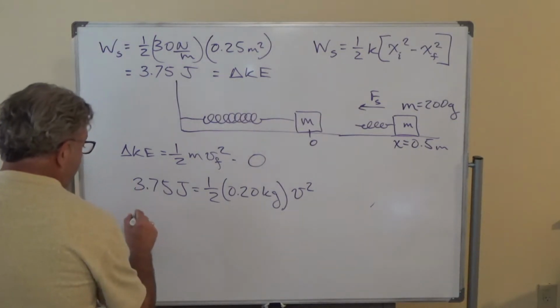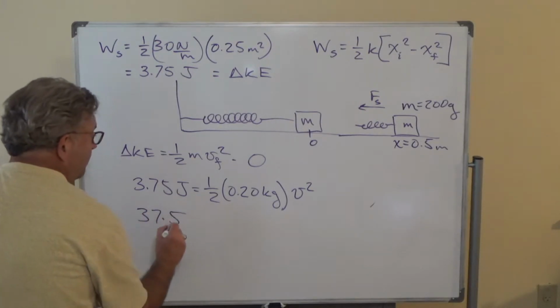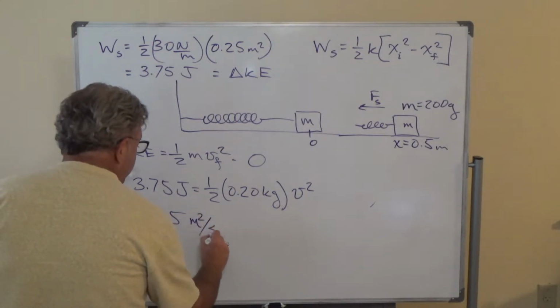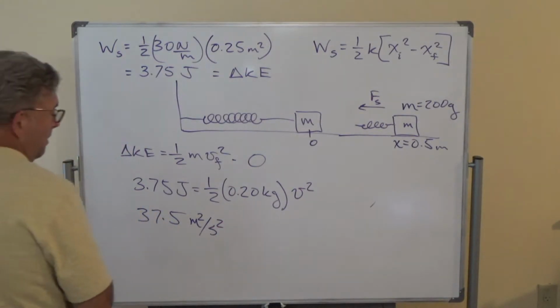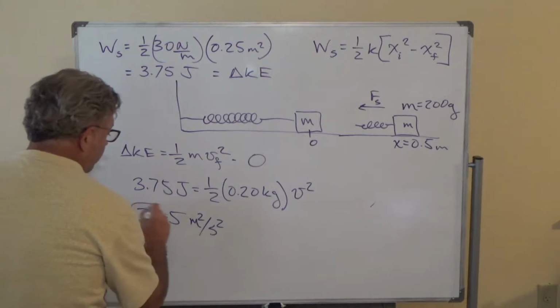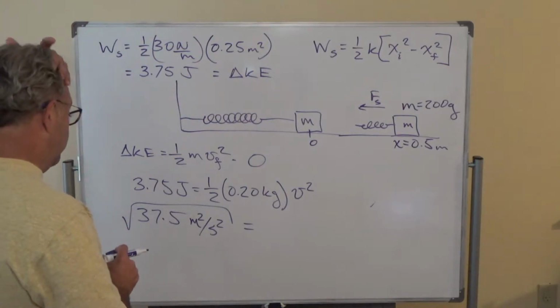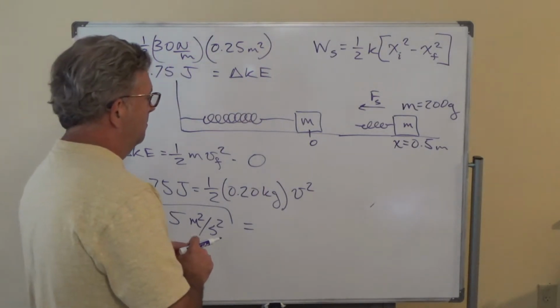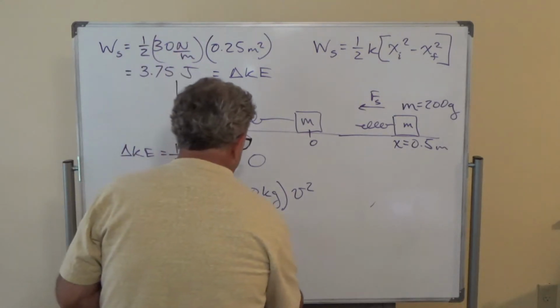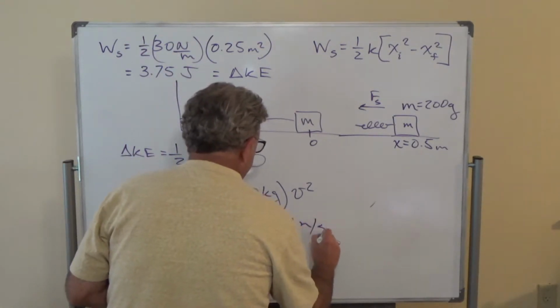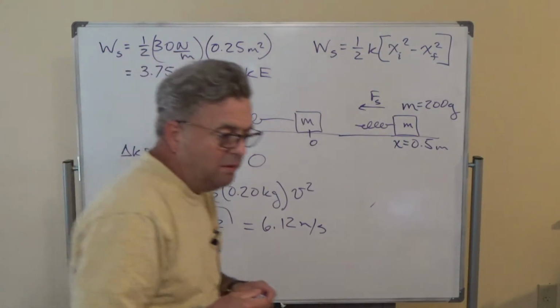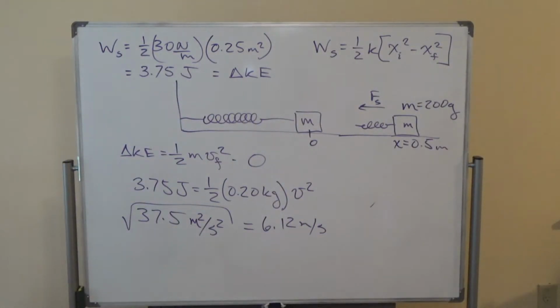You get 37.5 meters squared per second squared, all of that underneath the radical, and that equals 6.12 meters per second. I think I did that calculation right.